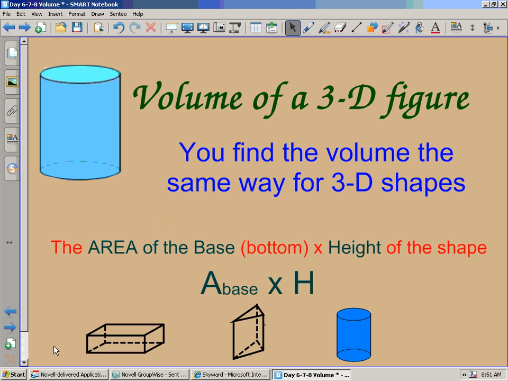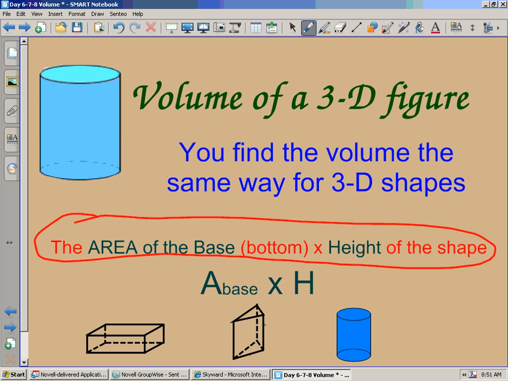So we're going to find that volume by taking the area of the bottom or the base and multiplying it by the height of the shape. Now someone will say, oh, great, I can write that down. The problem is if you look at our three shapes down below, our rectangular prism, our triangular prism, and our cylinder, the base is different for each one of those.